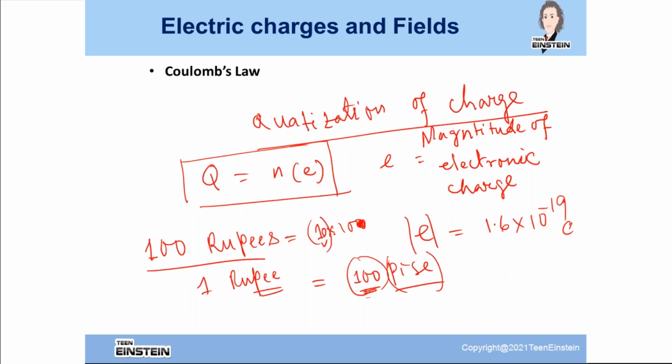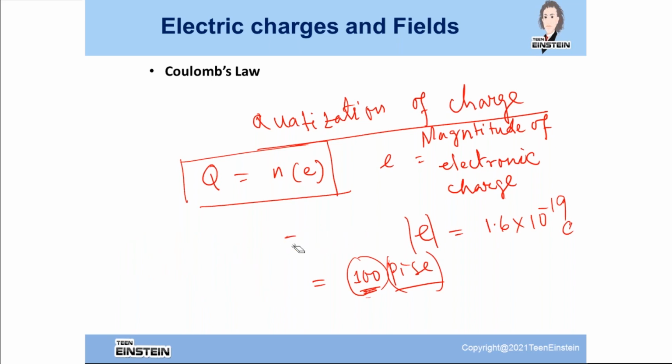I can take 10, in that case 10 into 10, that means 10 rupees is the basic unit, and there you have to take 10 of 10, like you have some 10 rupee notes, that will give you 100. So you can understand now that quantization does not exist only for charge.